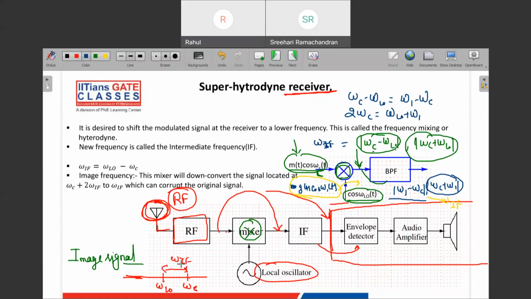Now if you see, the image will have an equal distance with respect to omega LO as omega c has. The distance between omega c and omega LO is the same as the distance between the image and omega LO.